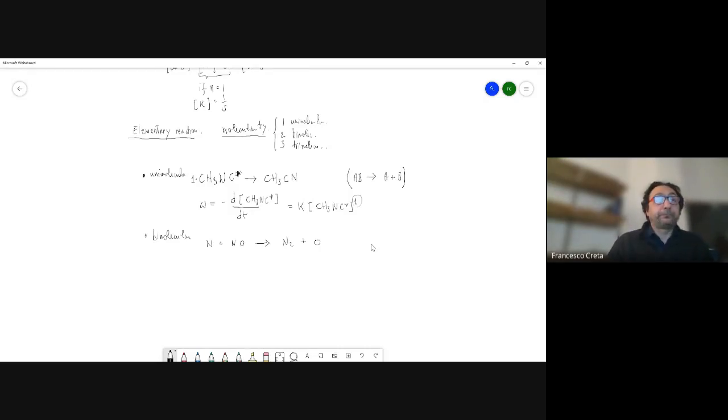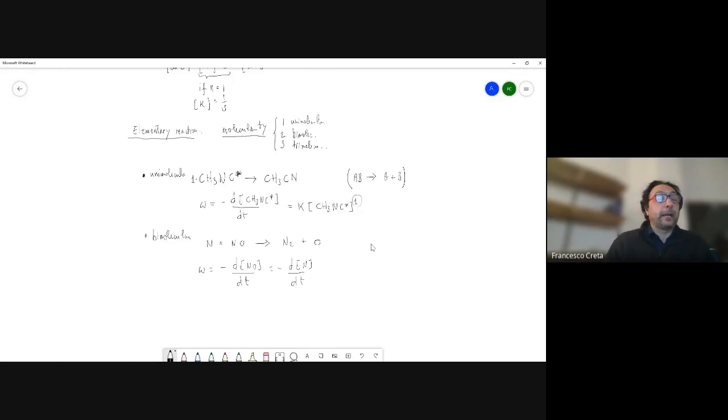And so the reaction rate, which is, for example, this rate of change, it's also this. These are the definitions.